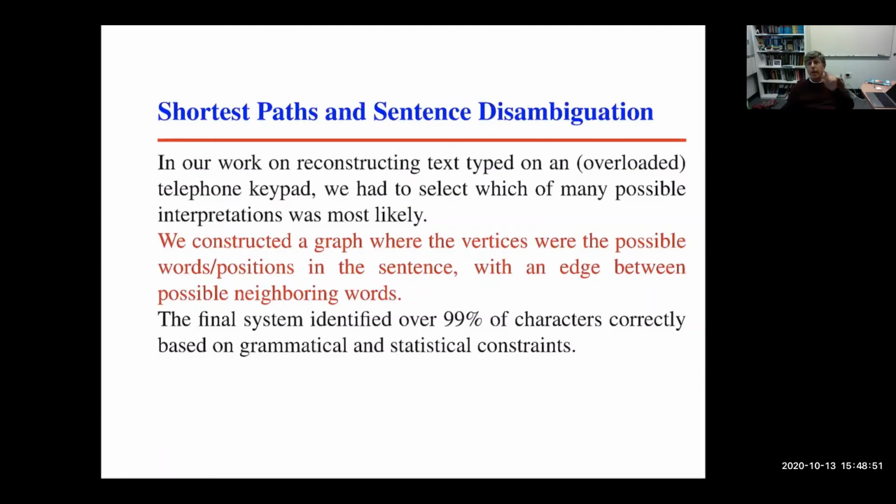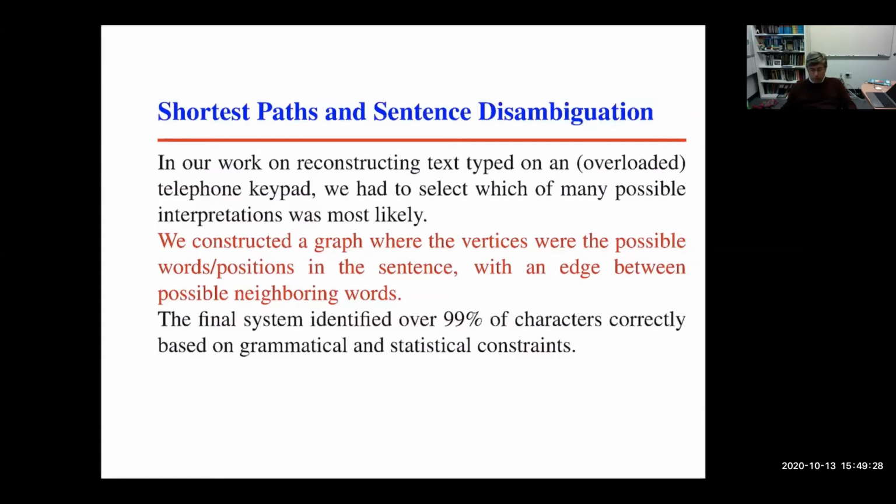And if you wanted to type a message using those letters, somehow you're going to have to disambiguate which of the 3 letters you meant to type, unless you could try to guess based on what you know about English words and English grammar and things like this. So we tried to build a system that would try to reconstruct text typed on a telephone, without having to specify which of the 3 characters at each position you meant.